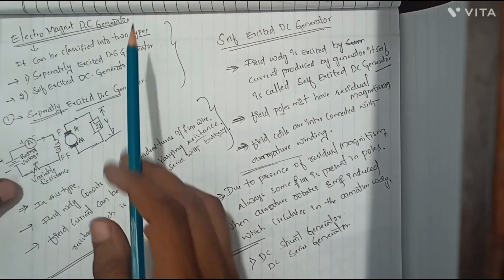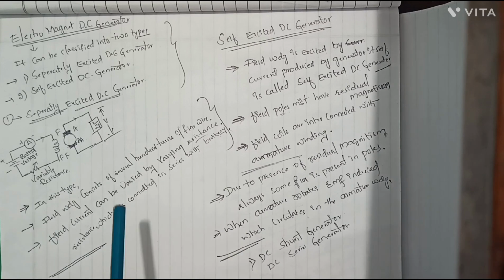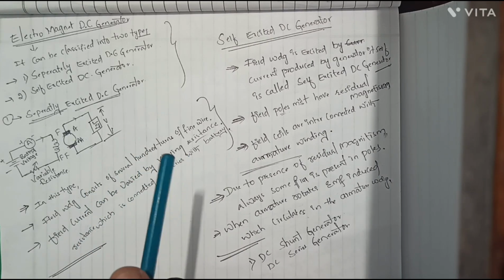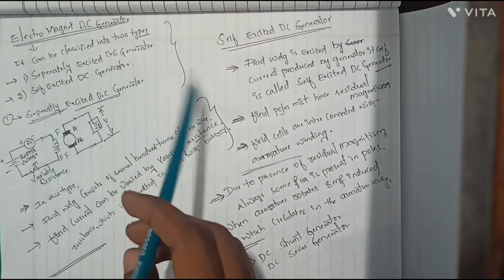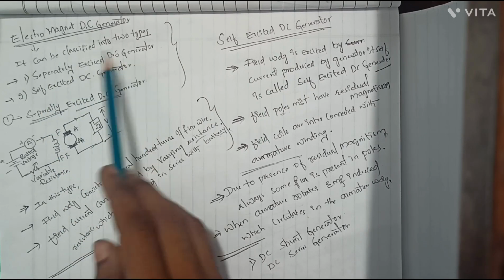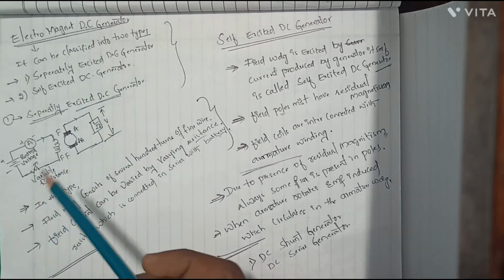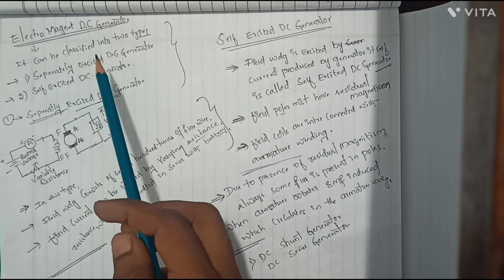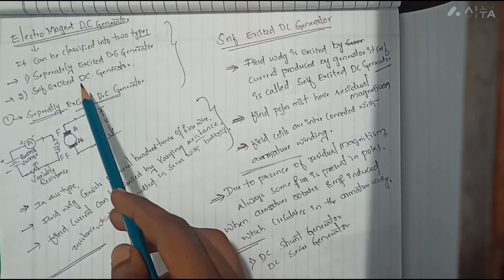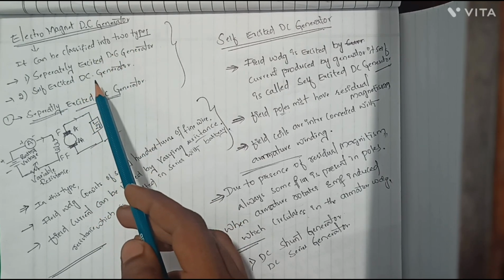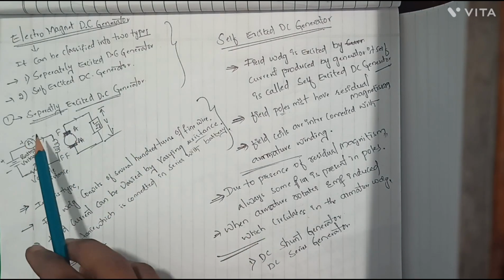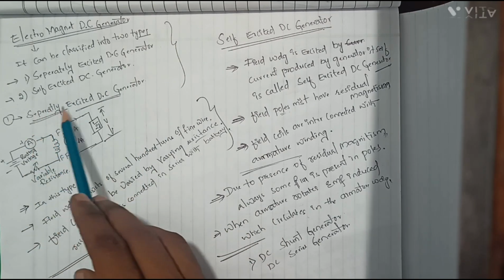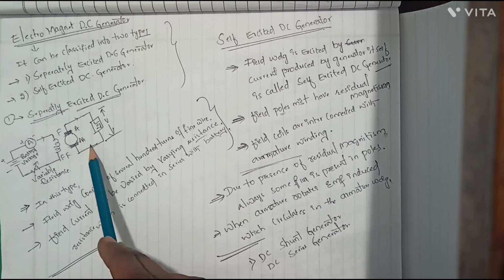Now electromagnetic DC generator. Electromagnetic DC generator is used for large capacity generators, and it can be classified again into two types: separately excited DC generator and self-excited DC generator. We know that in electromagnet DC generators, this method depends on excitation of field with armature. Okay, let us see separately excited DC generator as shown in figure.